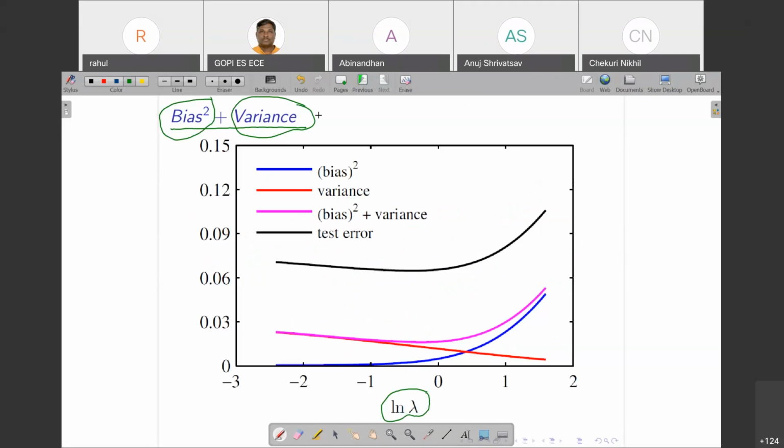Of course, the third one is also there, which we call the noise. So the error involved in regression can be split as bias square plus variance plus noise. I will explain what lambda to be chosen.